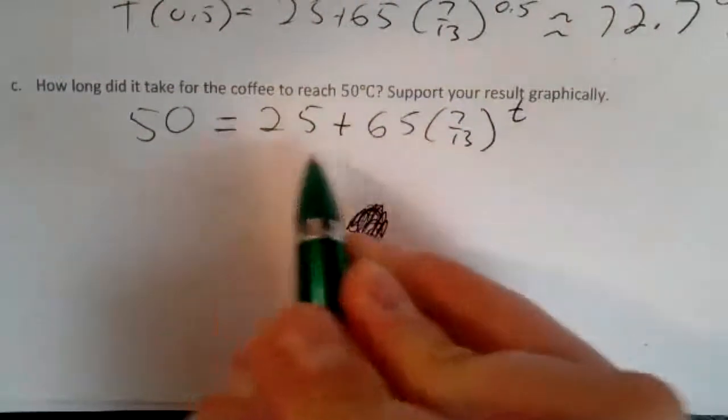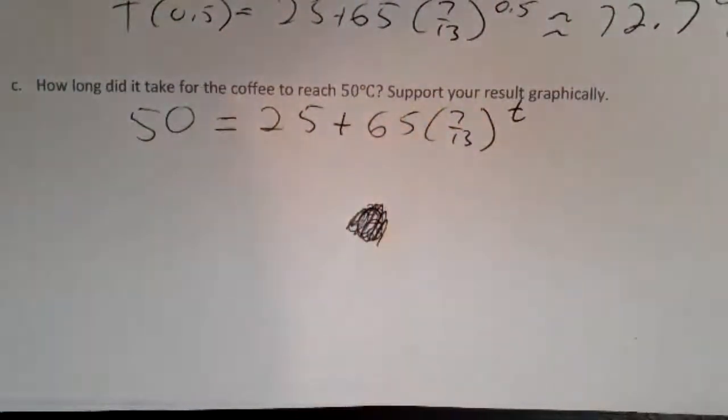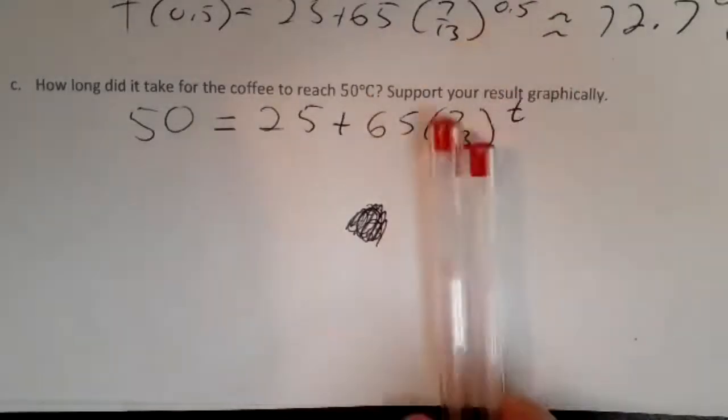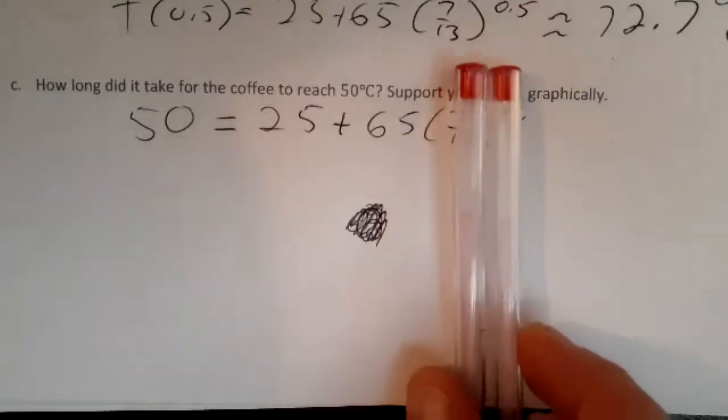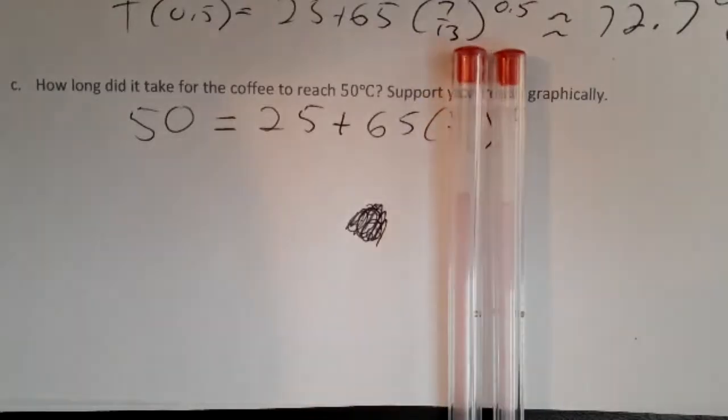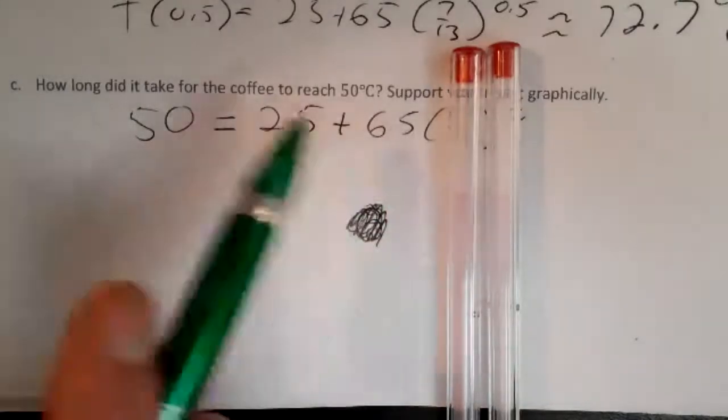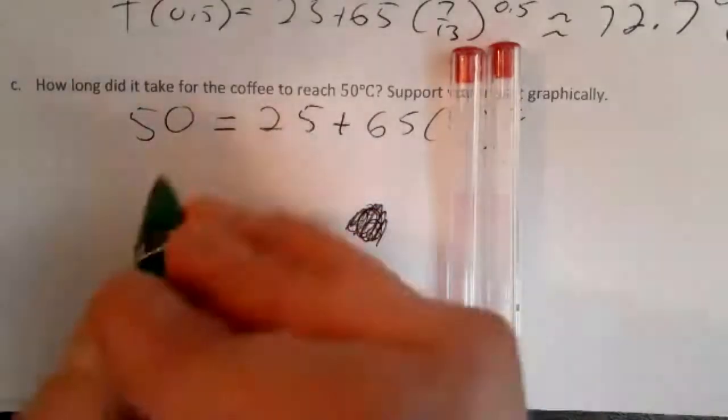But if we want to solve this, this is what we've been doing today. We want to solve this exponential. This looks like 25 plus 65 times my pin is equal to 50. Well, if this was just a linear equation, the first thing I do is subtract this 25.